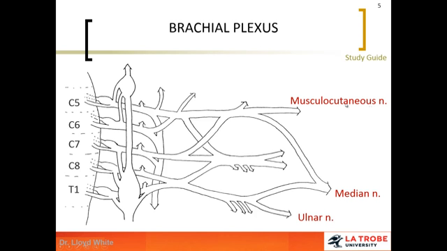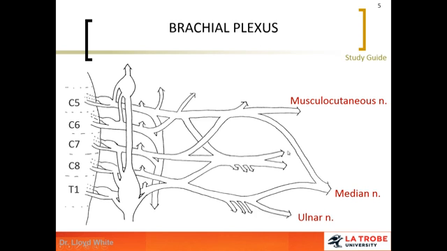We have the musculocutaneous nerve originating from the more superior spinal levels. We have the median nerve originating from all of the spinal nerves contributing to the brachial plexus, and the ulnar nerve originating from the more inferior spinal levels. So these 3 nerves are from our anterior division.